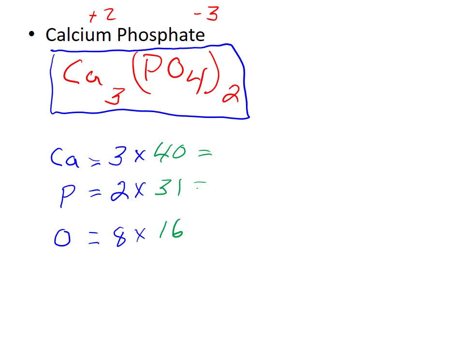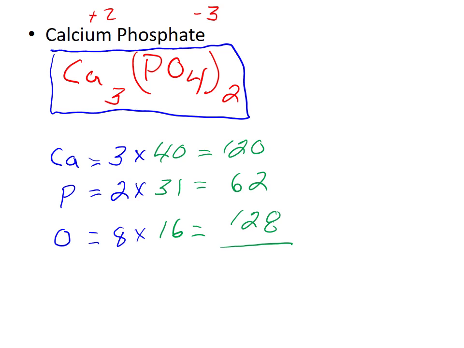Then I just simply have to do my math. So in the math, 3 times 40 is 120. 2 times 31 is 62. And 8 times 16 is 128. Calculators come in real handy at this point. Then all I have to do is add.